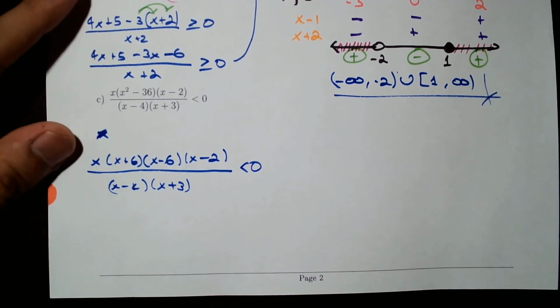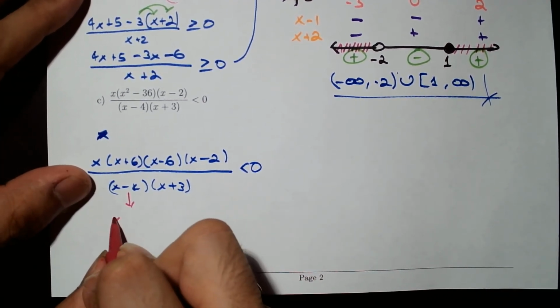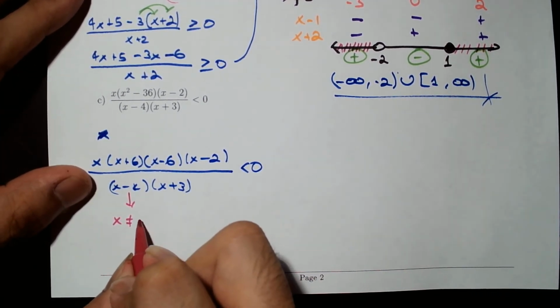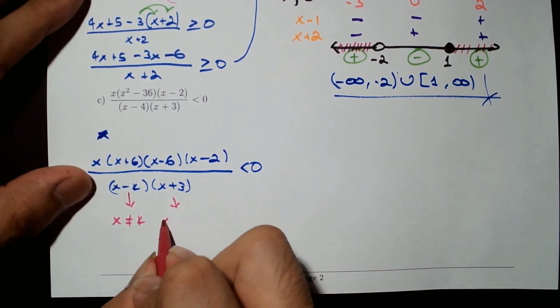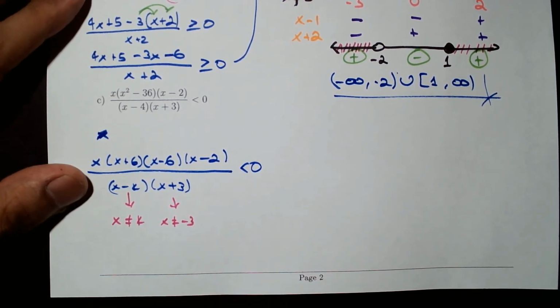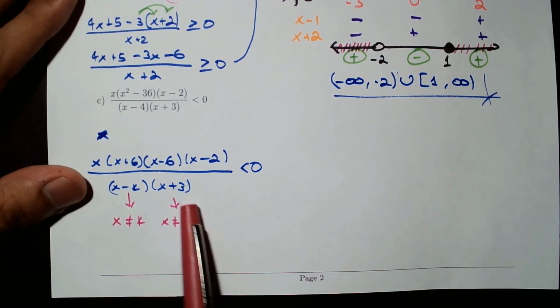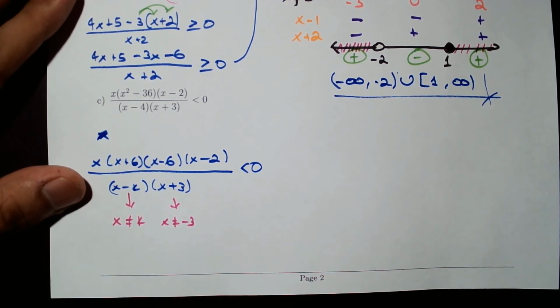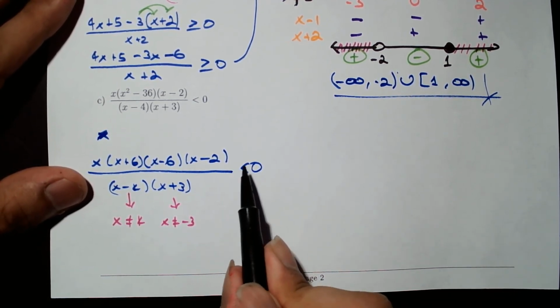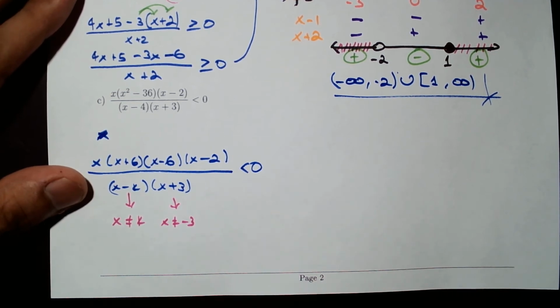On the one hand, x cannot be 4 and x cannot be negative 3. So those are going to go with open bubbles. However, all of them in this case are going to go with open bubbles because we don't have the equality here.